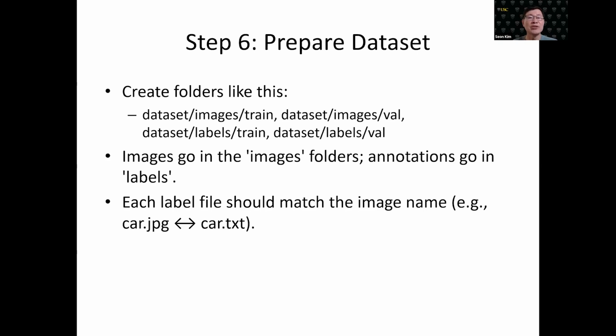And then the good convention is the image name and the label name, you'd better have the same one. That is more convenient. So for example, the image name is car.jpg, and the labels for this specific image, you can have car.txt because the label itself is a text file.